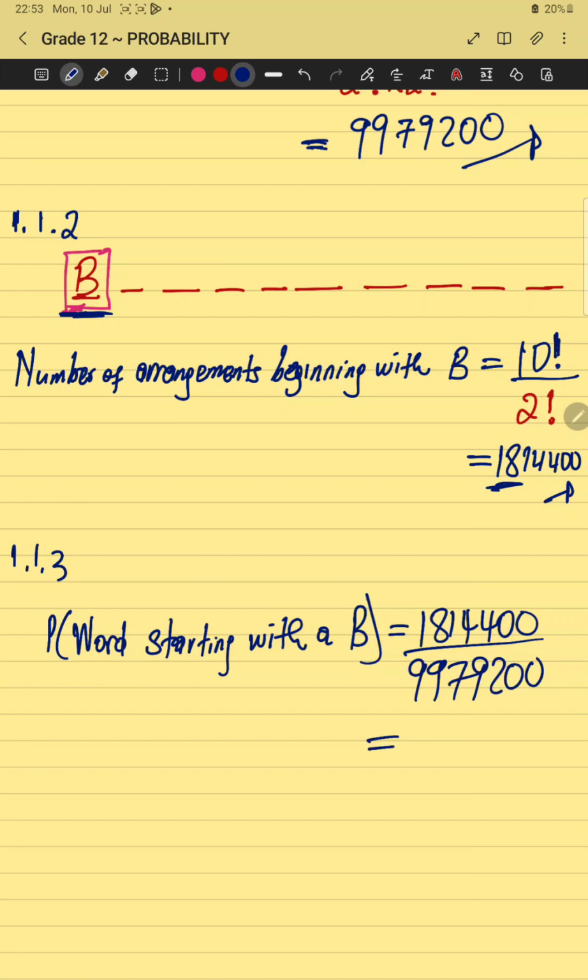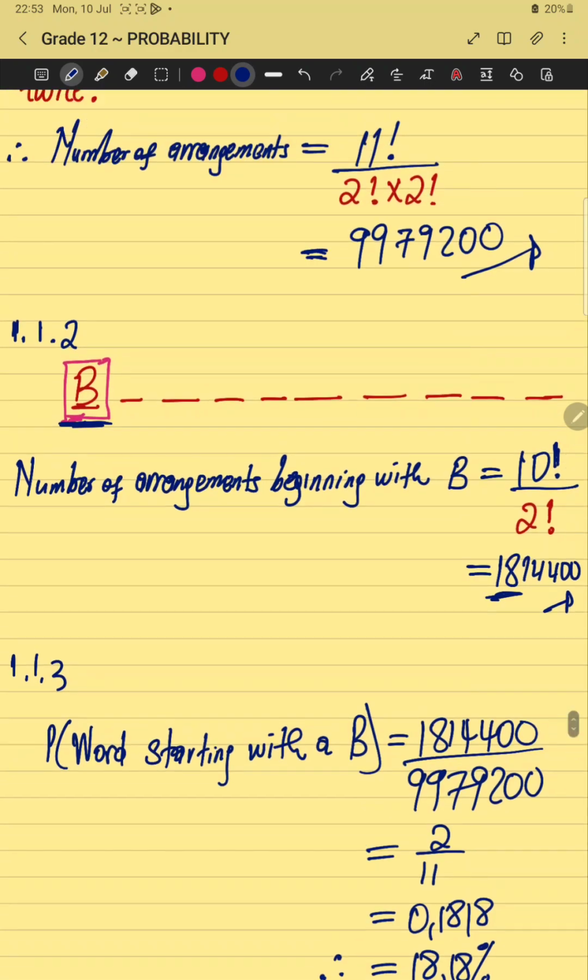And then you can just press this in your calculator, and you get 2 over 11, which is 0.1818. So that means it is therefore 18%. Okay. And then we are done with this question.